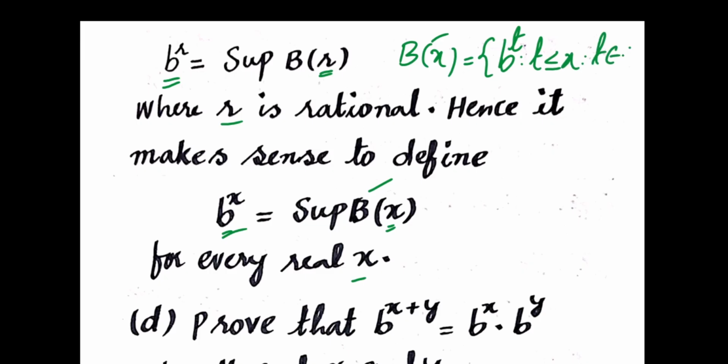I have to show that if I fix x to a rational number r, then this set B of r always has a supremum, which is equal to b raised to power r. And lastly, I have to show that this definition also makes sense for any real number x. So firstly, we define this set.